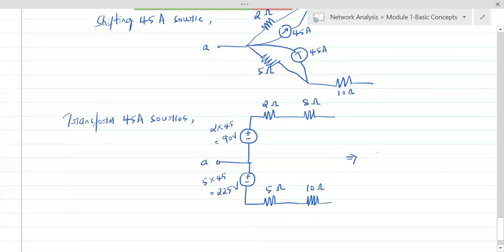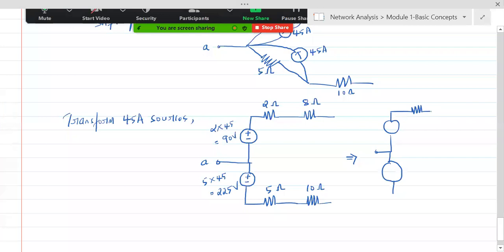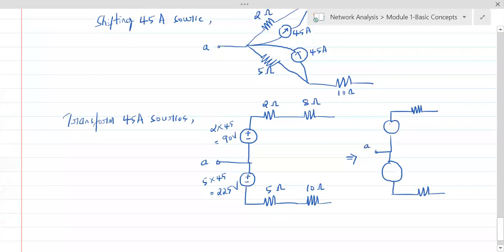See, you have terminal A and the two voltage sources. There are two resistors which would become one now. Everybody understand this? This is A, plus minus 90 volts. This is plus minus 225 volts.